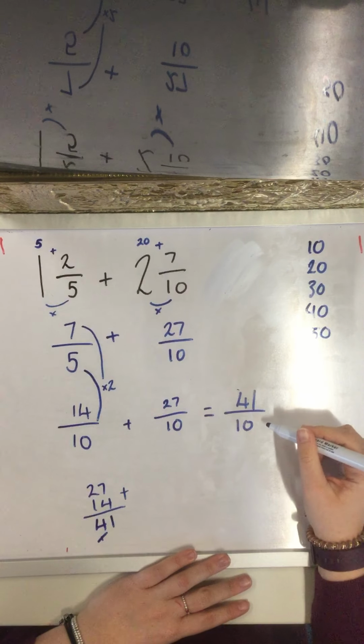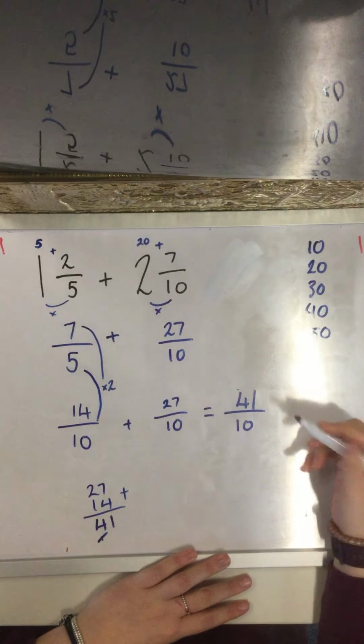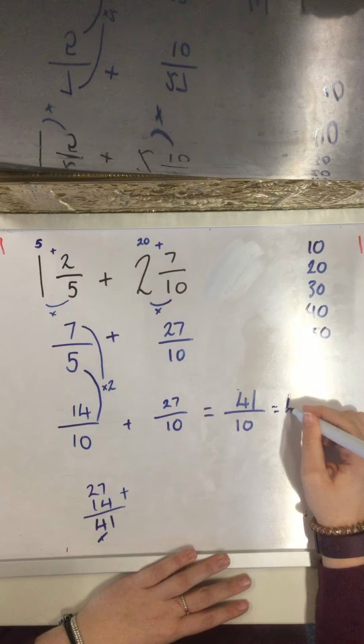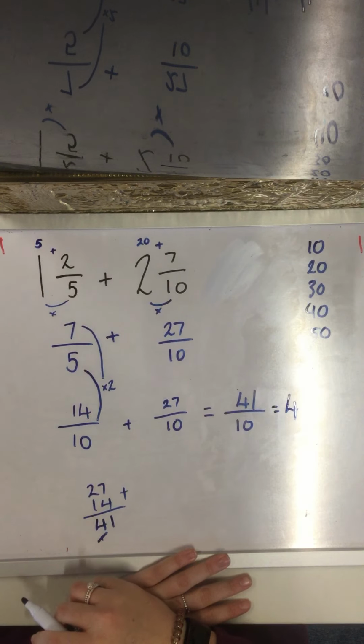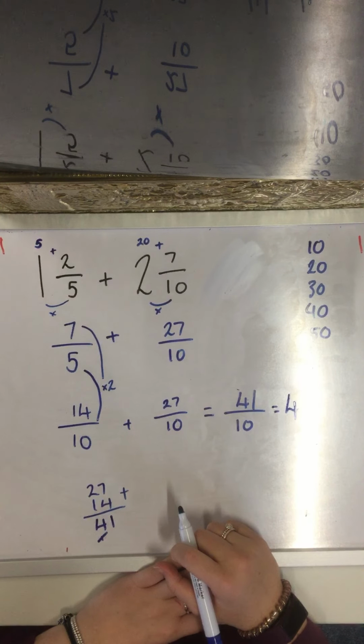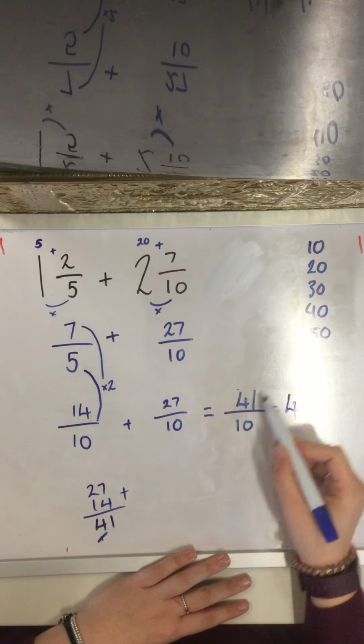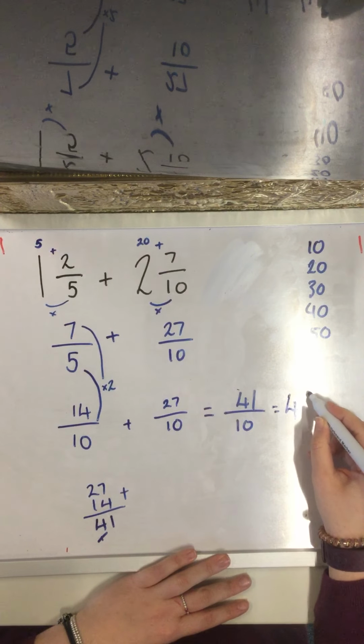So remember, the line in a fraction is like a division sum. I know that I can get 4 lots of 10, because 4 times 10 is 40, and then it's what I'm left over with. So I'm saying to myself, well, what is 41 take away 40?